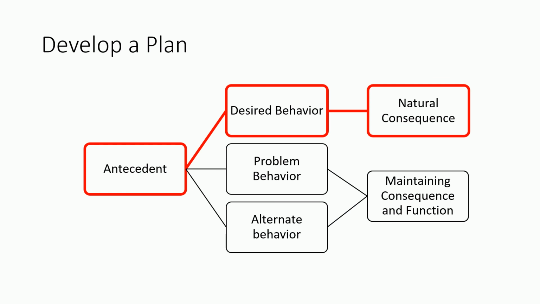And maybe that desired behavior is asking for a break so that they can have time to sit and socialize with their colleagues. So it would get at that natural consequence of attention, but in that natural way, instead of just raising your hand and having somebody come over and give you attention.